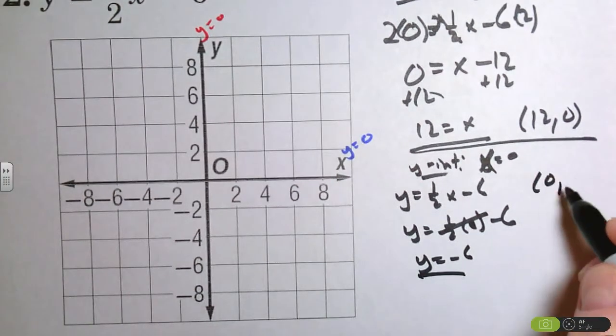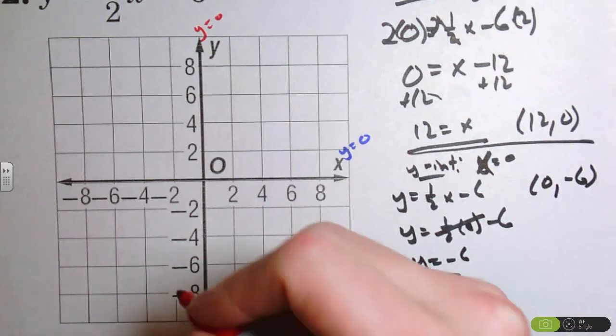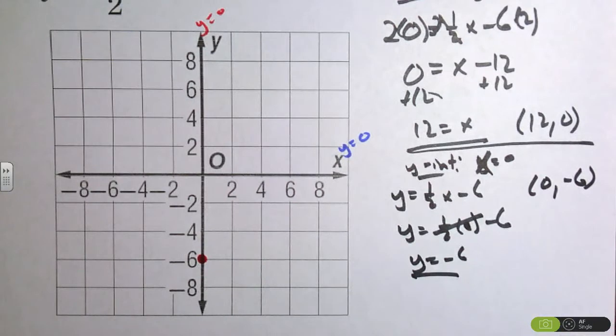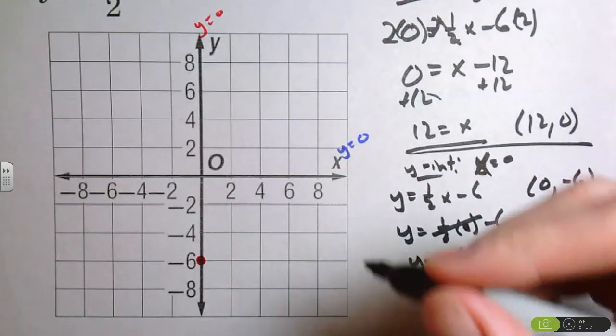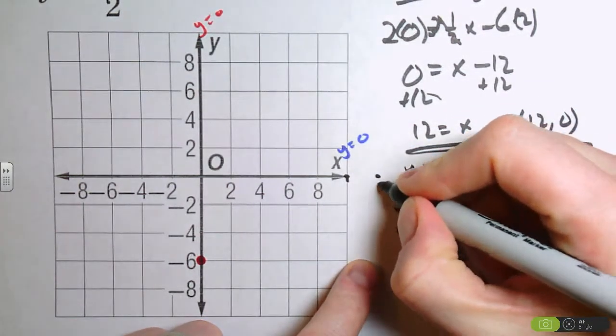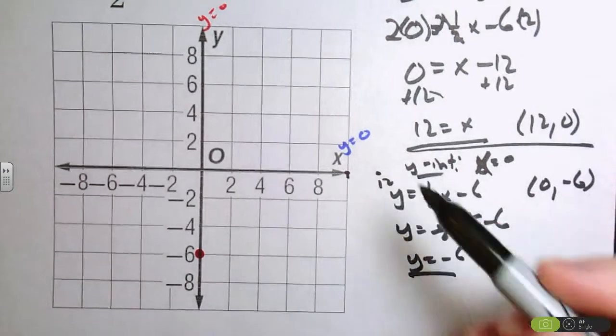So I have the point (0, -6), and that one is on my graph right here. For the other, I'll just approximate: there's 12, and I would have that point somewhere right here.